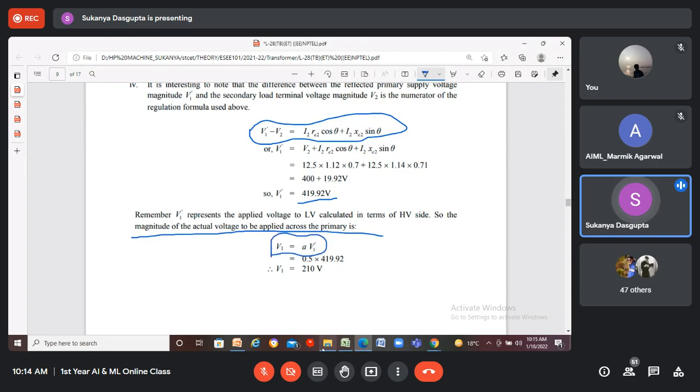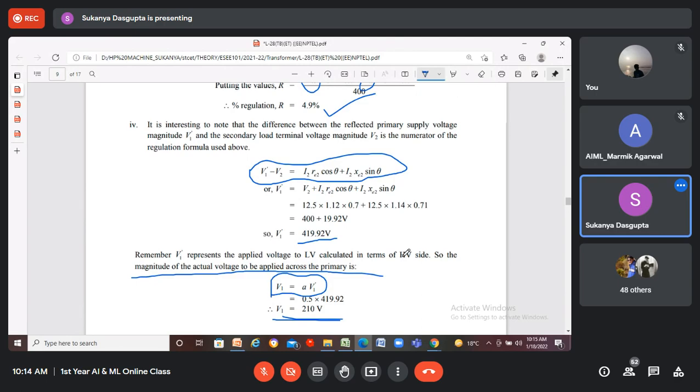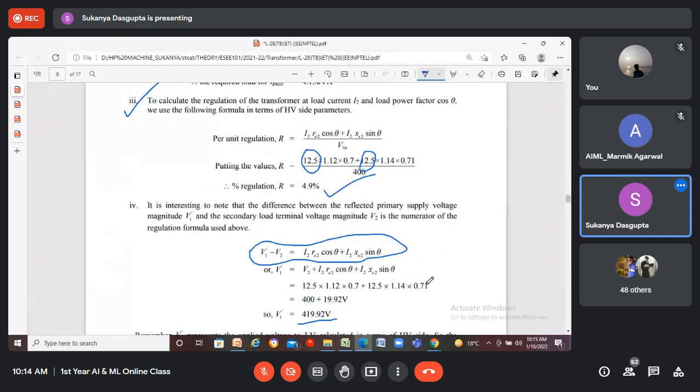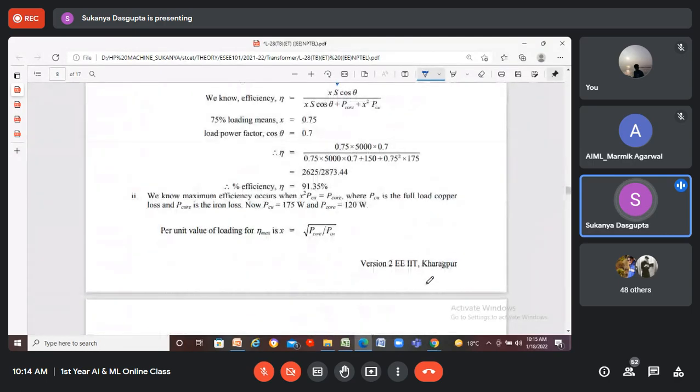The primary voltage is A times V1 dashed. So turns ratio will be again given. It is 0.5. So V1 is actually 210. Is it clear now?